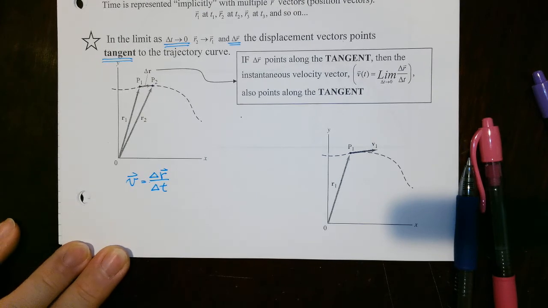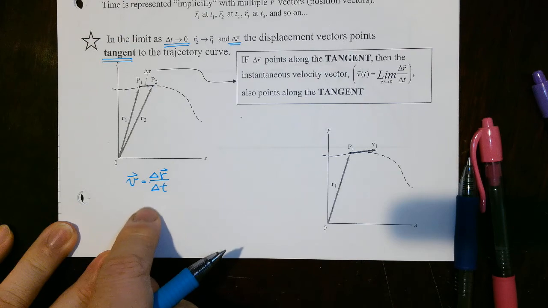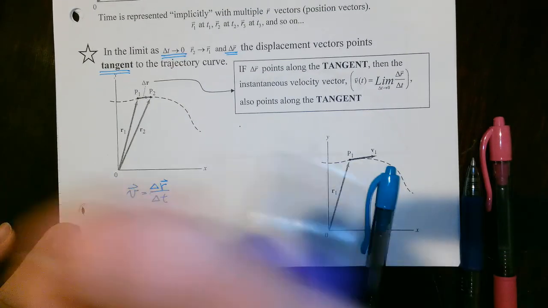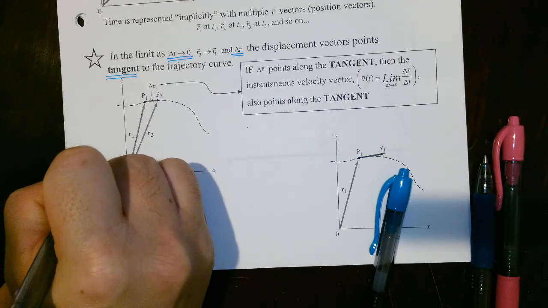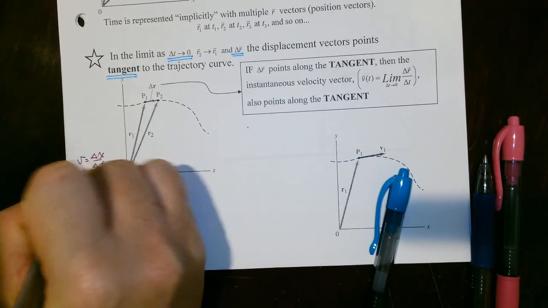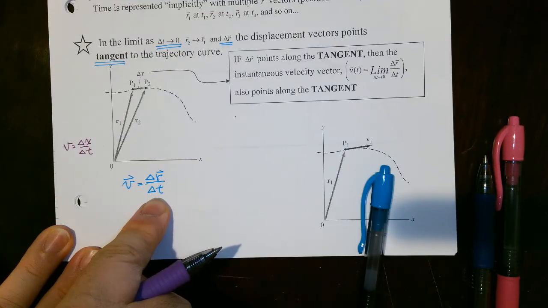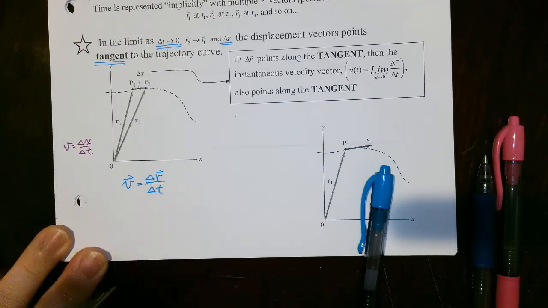Now we should know that. Remember, in your summer assignment, v is equal to delta x over delta t. Well, in two dimensions, instead of delta x, it becomes delta r.